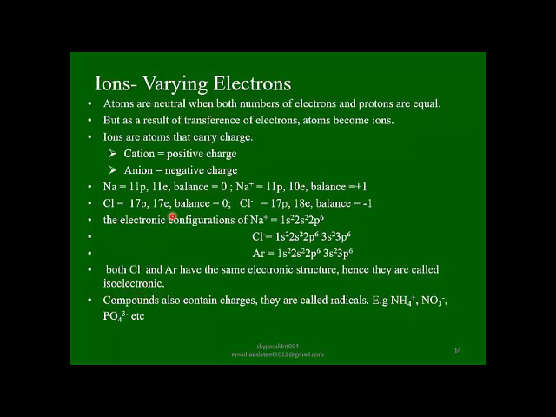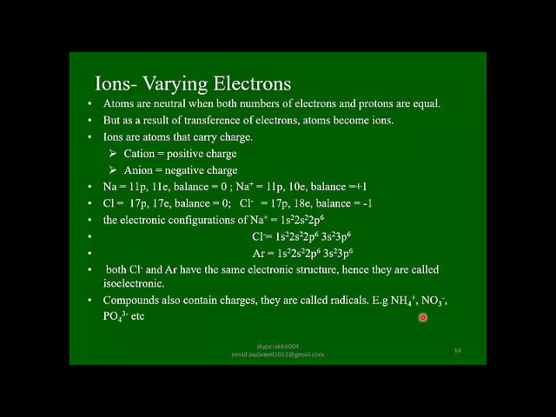And again, it is not only single elements that carry charge. A group of elements like ammonium, nitrate, phosphate, sulfate, etc. can carry charges, and they are called radicals. Single elements are called ions.